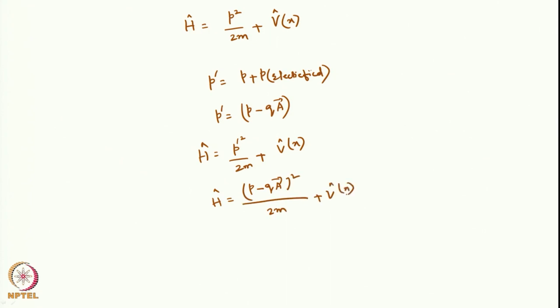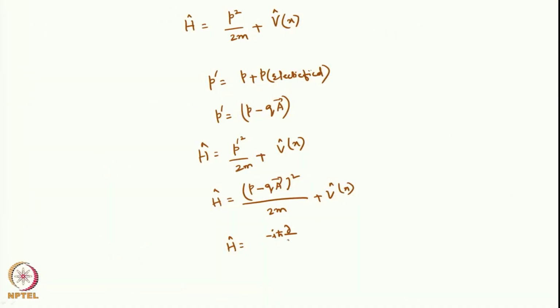Because I told you that for this course the potential is generally independent of time. Now what is p? This is nothing but minus i h bar d by dx.